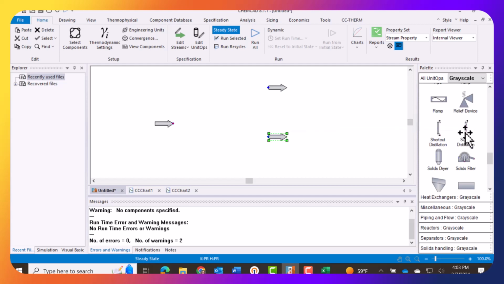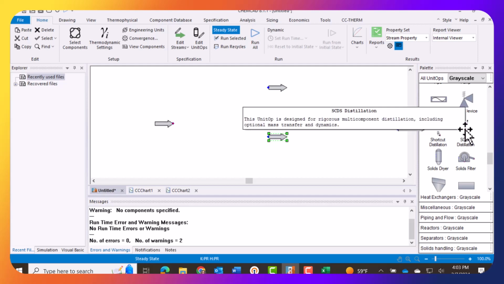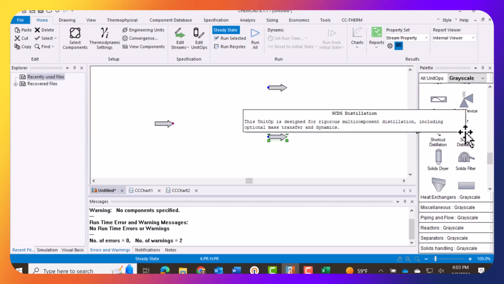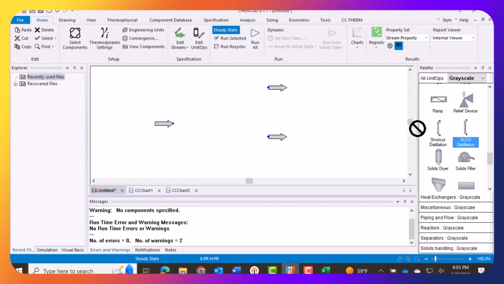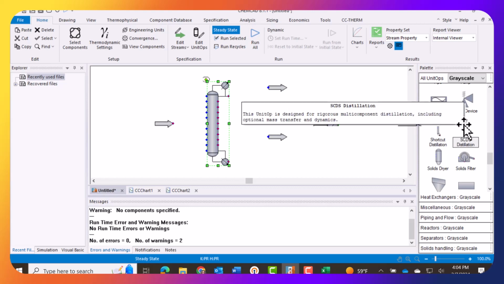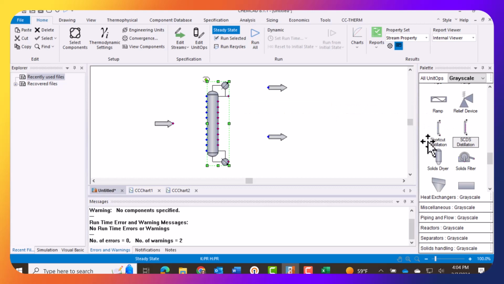If you read that, this unit op is designed for rigorous multi-component distillation, including optional mass transfer and dynamics. So this is the tower that's going to get me the most detail, the most close to a true answer. And so that's the tower I want. SCDS is going to be the one I ultimately always will wish. We will be using shortcut distillation, but again, not at this point in time.